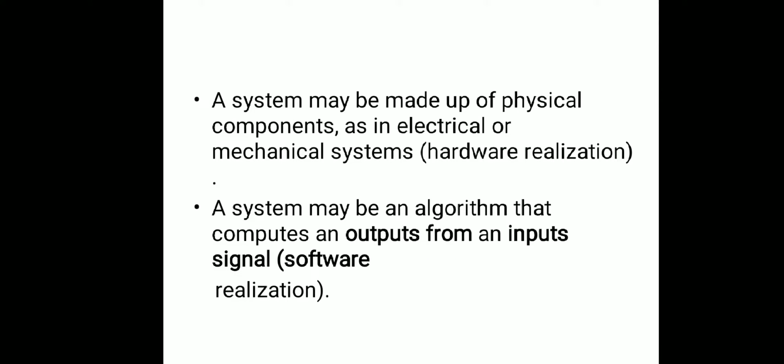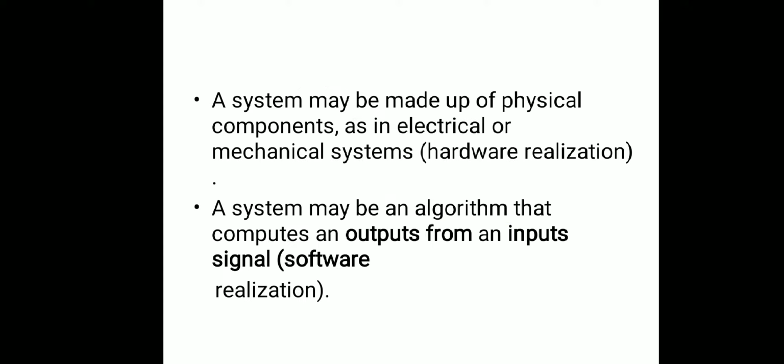A system may be made up of physical components, as in electrical or mechanical systems. A system may be an algorithm that computes an output from an input signal. That is a software realization.